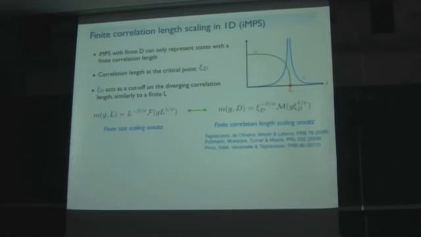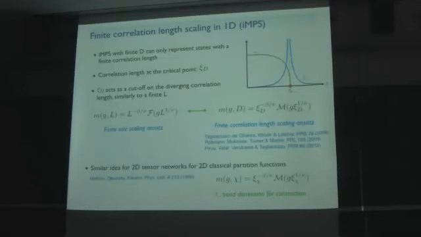Okay, so this was worked out in several previous papers. There was also an analytical derivation which links this correlation length to the bond dimension by a universal critical exponent. So here everything has been well understood. This approach has also been used in the context of 2D tensor networks for 2D classical systems, already back in the 90s.